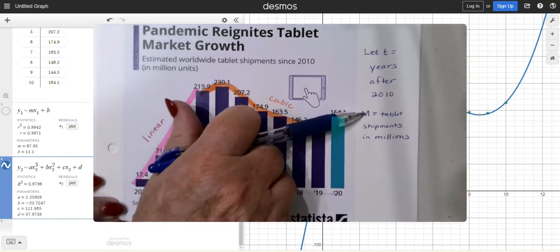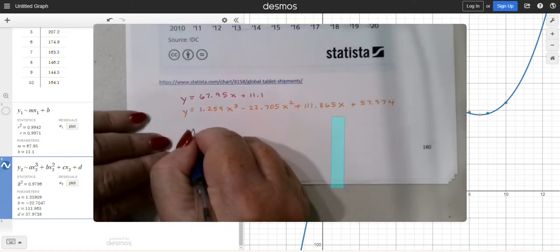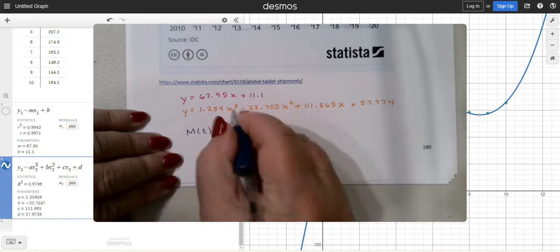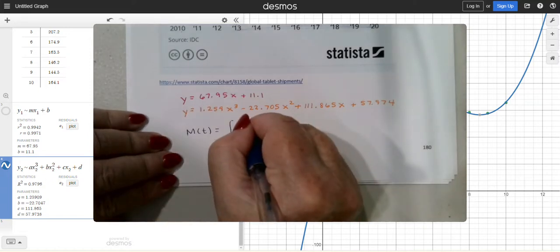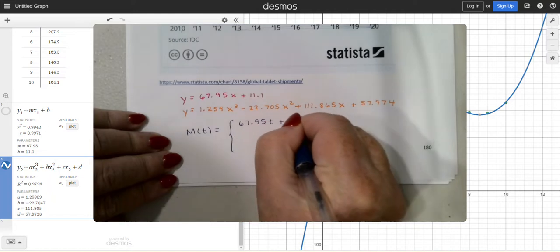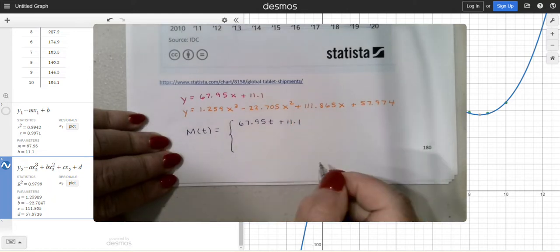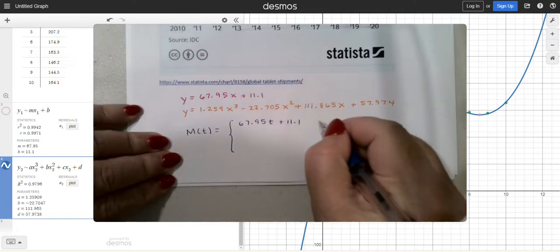Then my function is going to be M of T. So the correct mathematical notation for that would be 67.95 T plus 11.1, and that's valid when T is from 0 to 3.